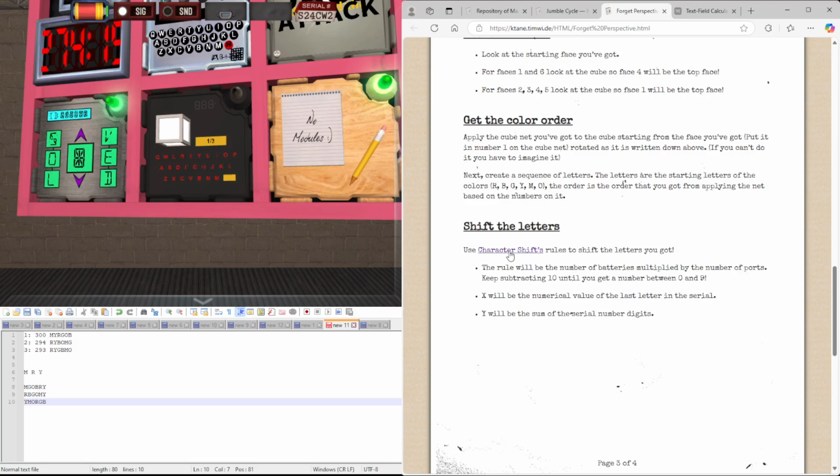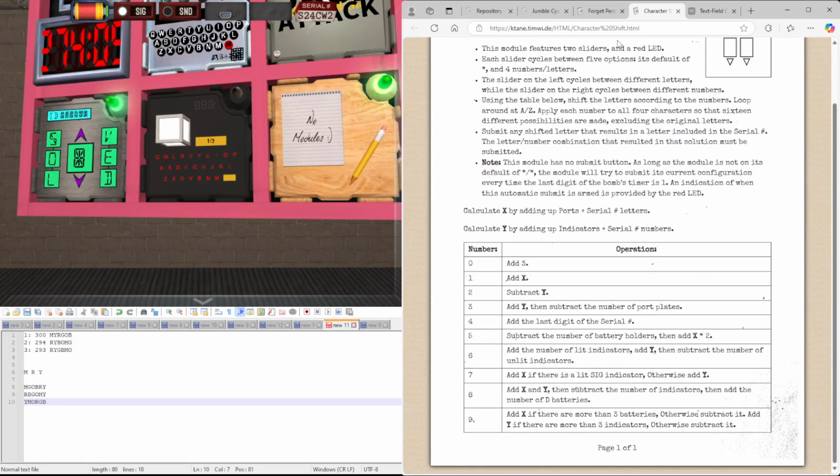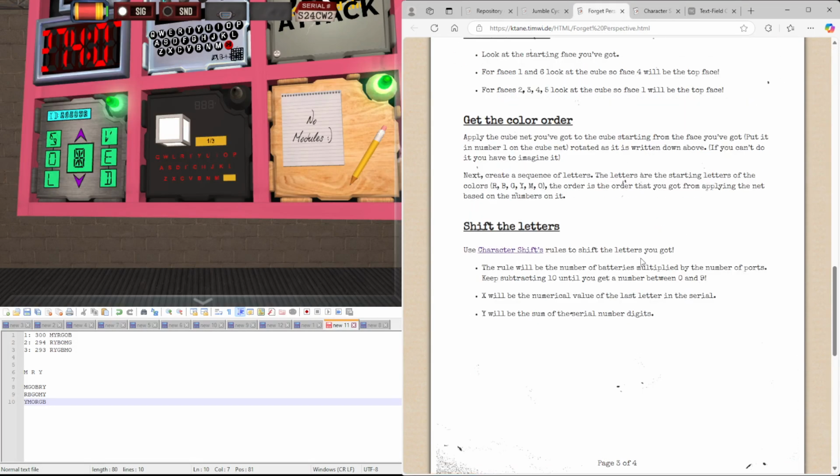You check the shift rules. The rule will be the number of batteries multiplied by the number of ports. Batteries multiplied by ports, which is 1, yeah.